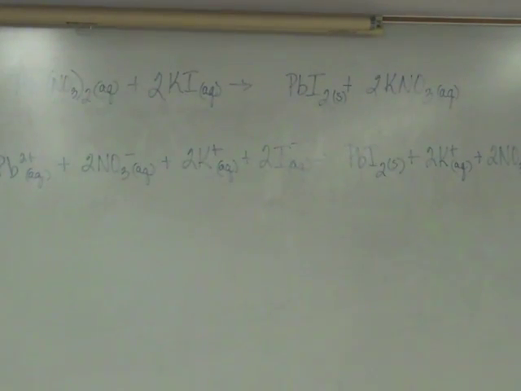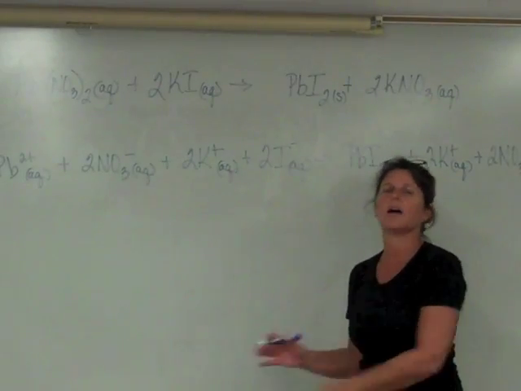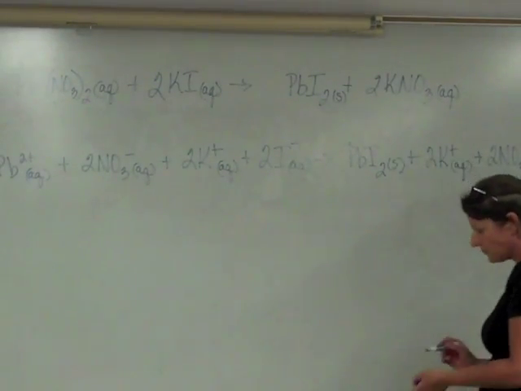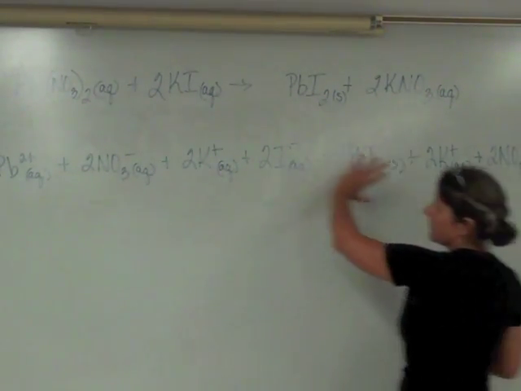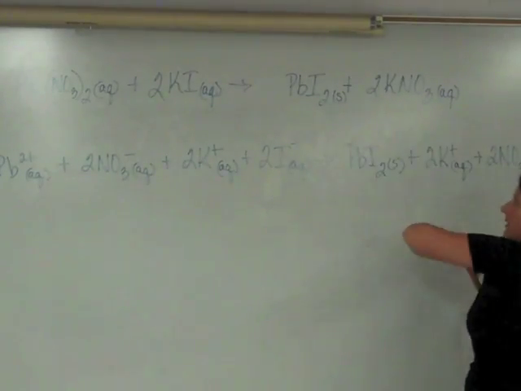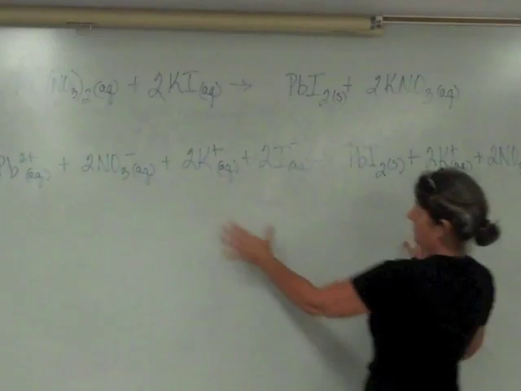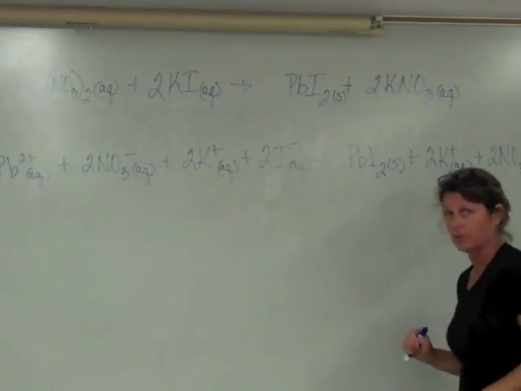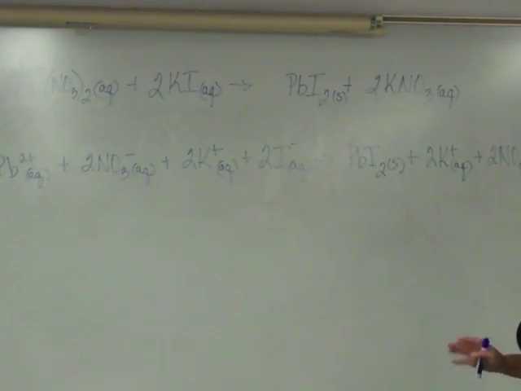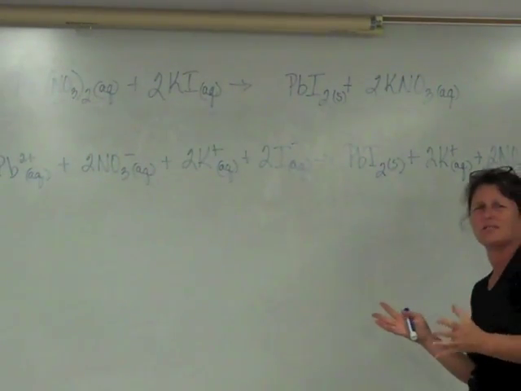Now the last thing we've got to do here, we've got one more, and that is a net ionic equation. So this shows everything that is in my beaker before and after the reaction. But it's showing us things that really aren't doing anything.